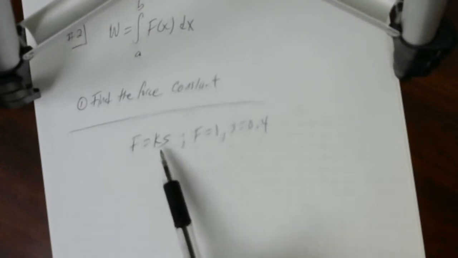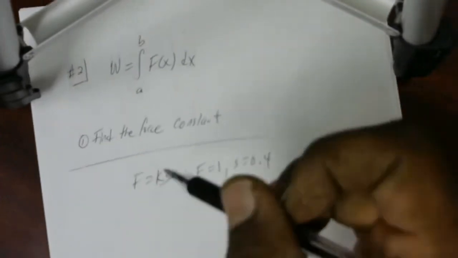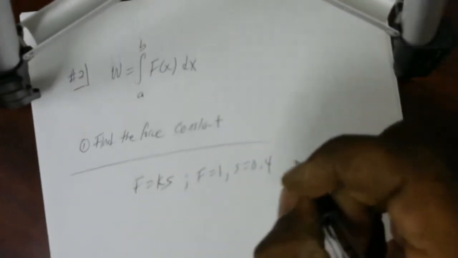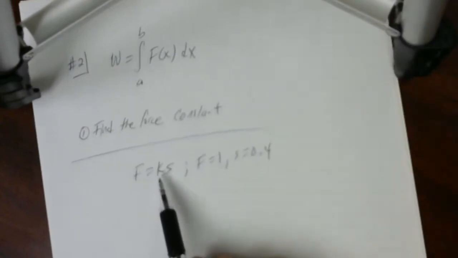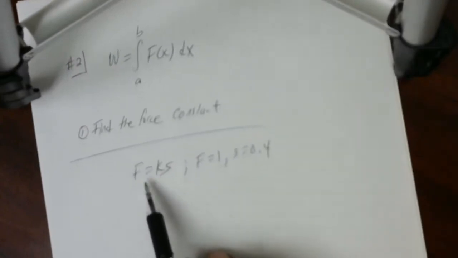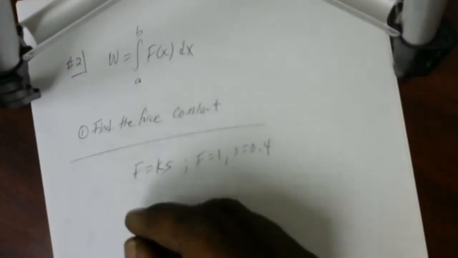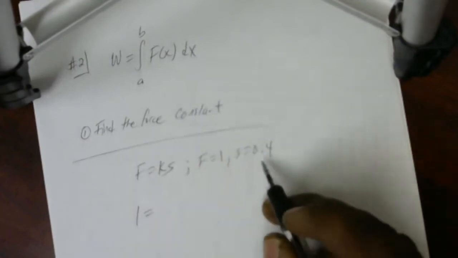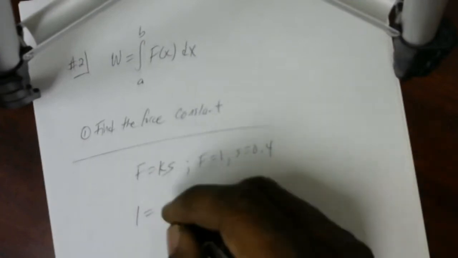So we're finding that force constant K. We're going to substitute F for 1. We're going to substitute S for 0.4.